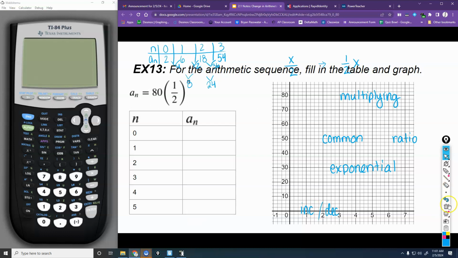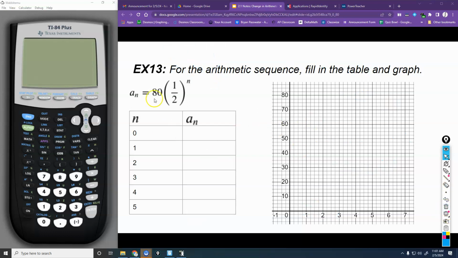All right, so let's look at an example here. So again, we can only plug in whole numbers. If I plug in 0 right here, I've got 80 times 1/2 to the 0. What is 1/2 to the 0?